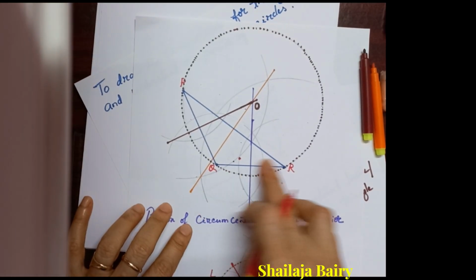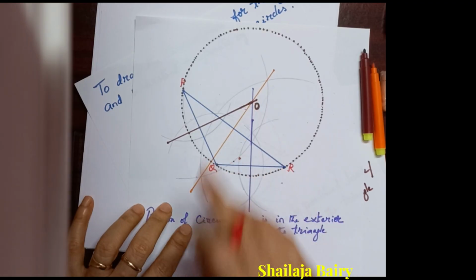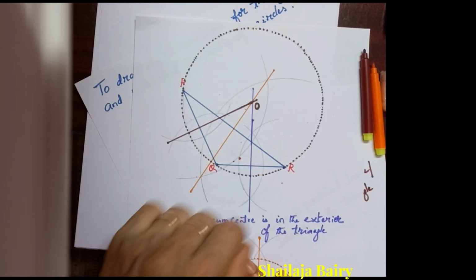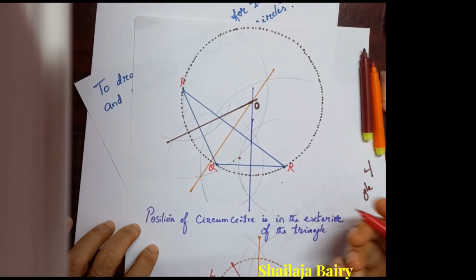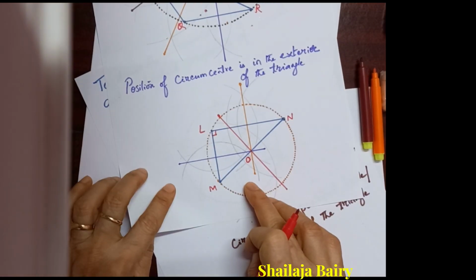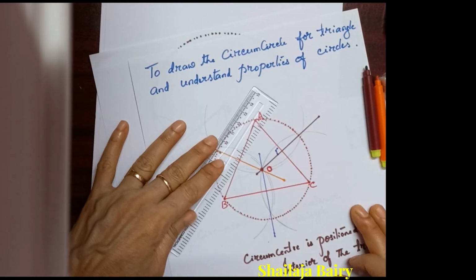Even in this we could see the chord getting bisected passing through the center of the circle, whichever is the position of the chord. And even the right angle triangle is observing the same property which we have just now written.